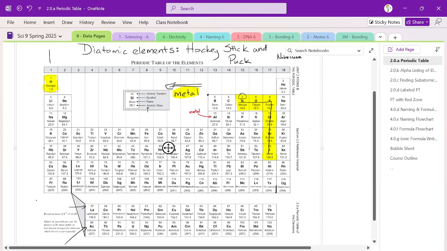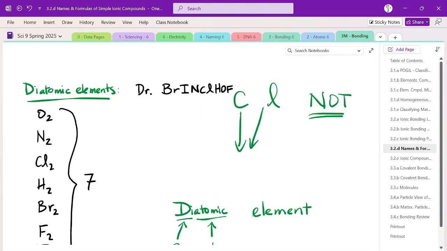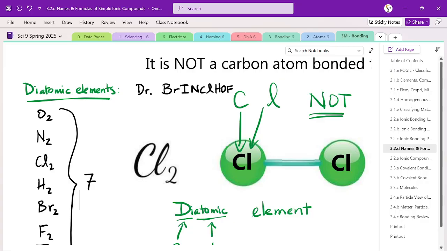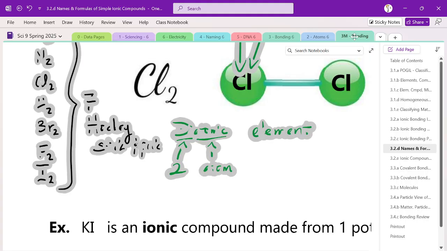Bonding. Hockey stick and puck. There's also 2 rhymes. What's one of the rhymes? You can do a cheer.